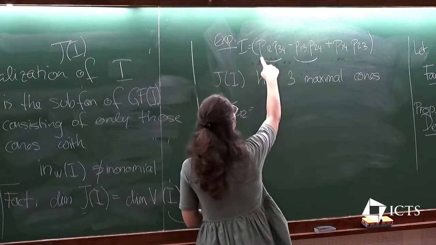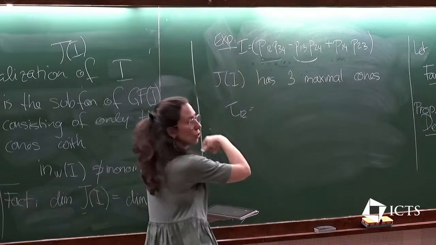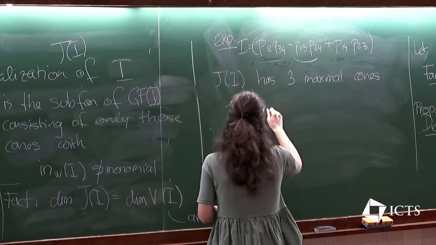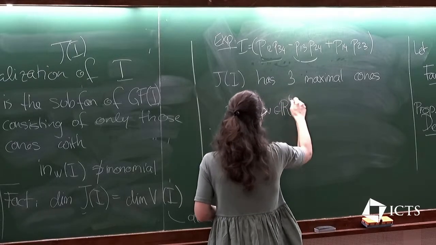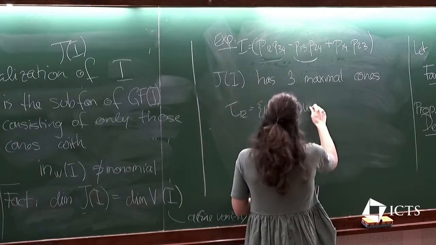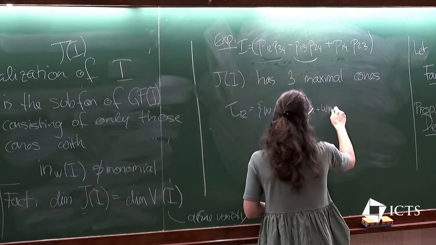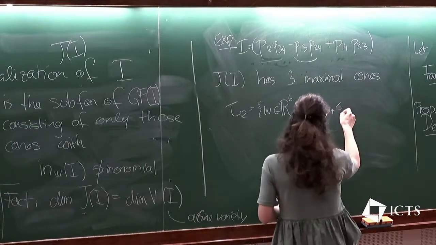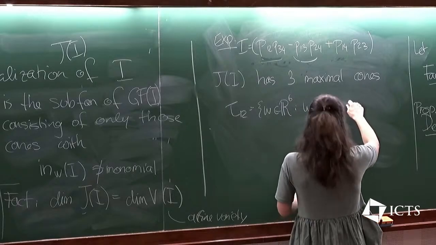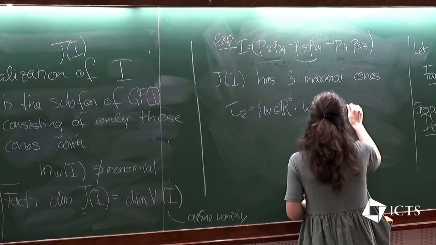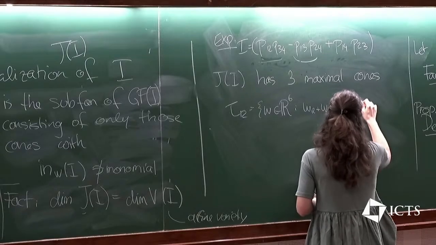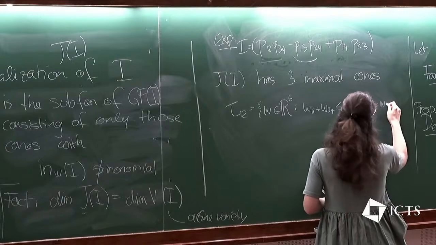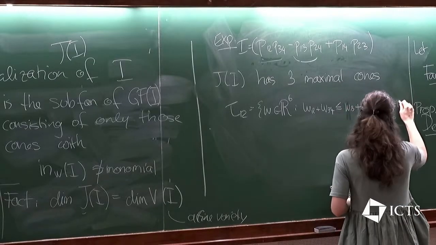So tau 12, this monomial, does not survive taking the initial form, if I pick a weight in R^6 that satisfies that W12 plus W34 is less or equal, let's take the closure of the cones, than W13 plus W24, and this is equal to the weight of the last term, W14 plus W23.